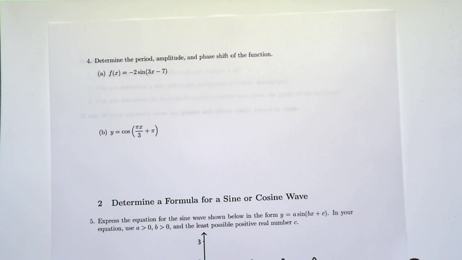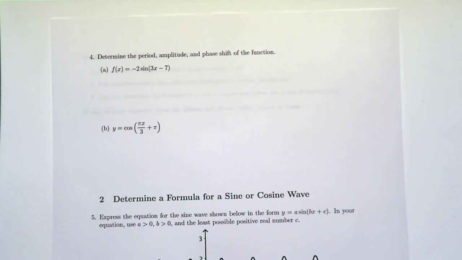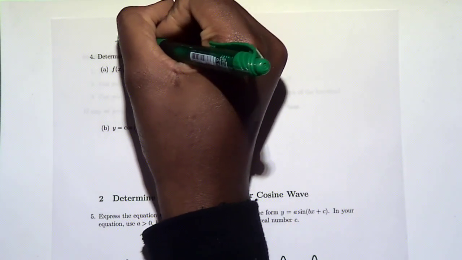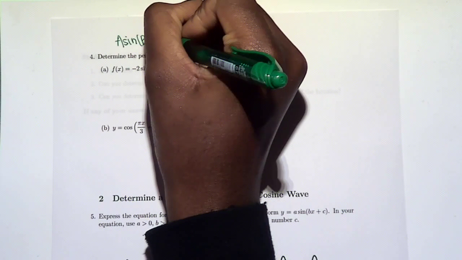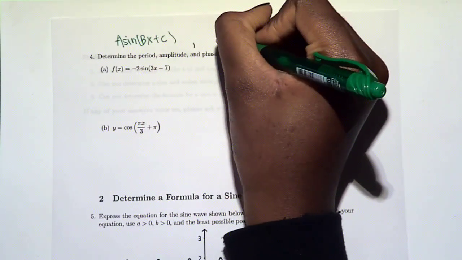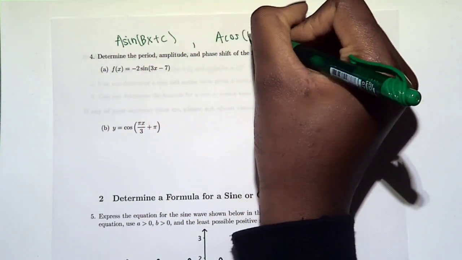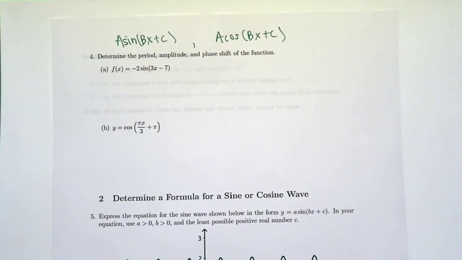All right, now just to make sure that we know our vocabulary and we know how to find all the things, we just want to determine the period, amplitude, and phase shift for each one of these functions. So I'll remind us we have a sine of bx plus c, and we have a cosine of bx plus c. All right, so to find these things, it's helpful to know a, b, and c.